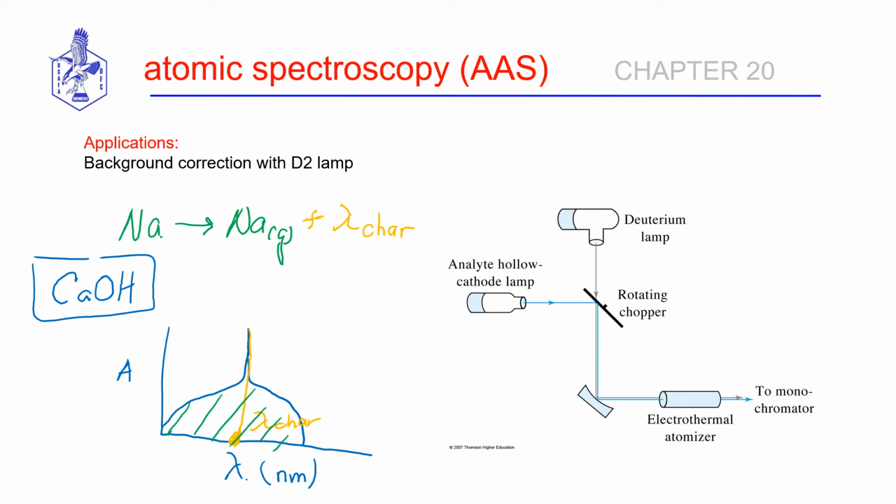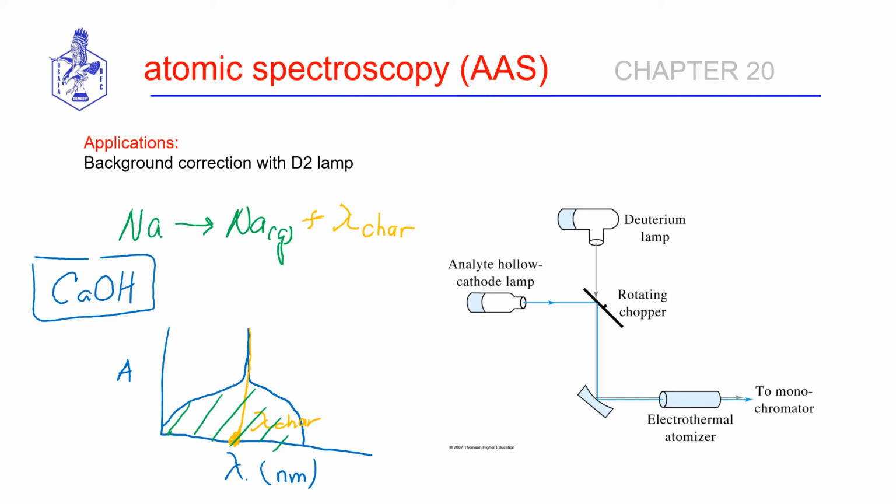Well, one thing you could do is remove any interfering species from the solution before you analyze it. That can be cumbersome. It can take quite a bit of time to remove those species. The other thing you could do is correct for that background absorption. So how does one do that?